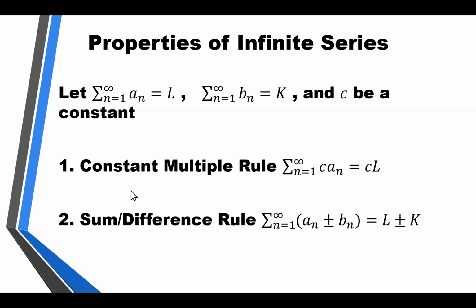Another rule that we can use is what we call the sum difference rule. If we have two series, one which converges to L and another which converges to K, and we create a new series with a sum of the two terms or a difference of the two terms, then that new series is going to converge to either the sum of L and K or the difference of L and K, depending on if it's the sum or difference of the terms.